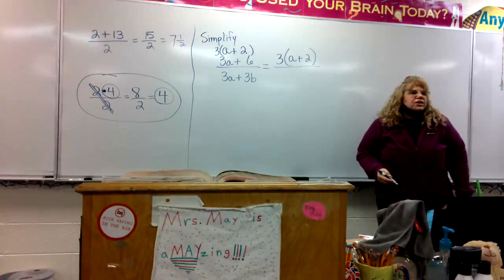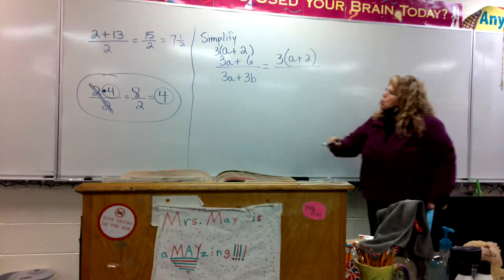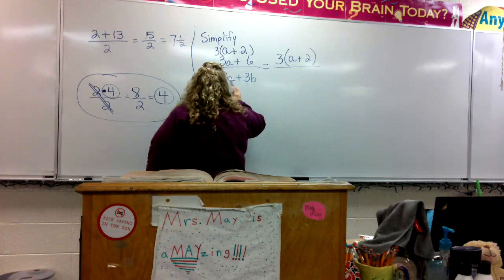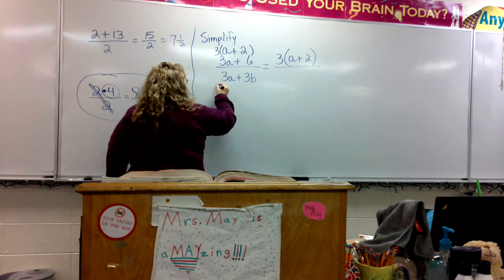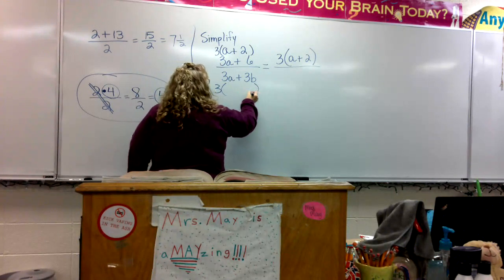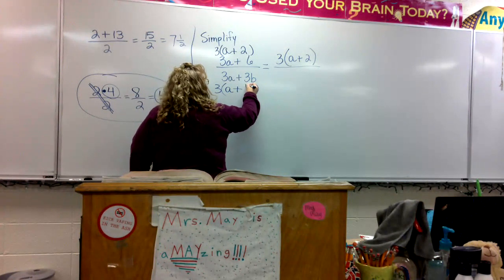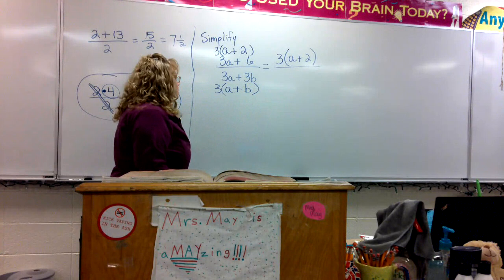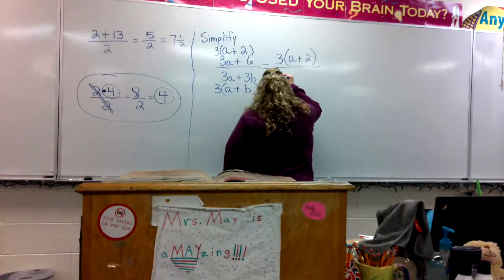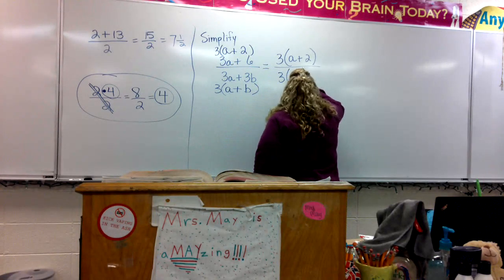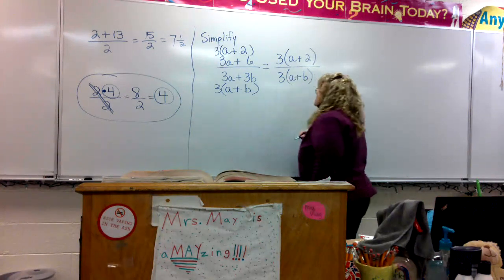On bottom, we're going to do the same thing. What's common to both of these? 3. And then what's left here? A plus B. So I take out a 3 and an A plus B left.